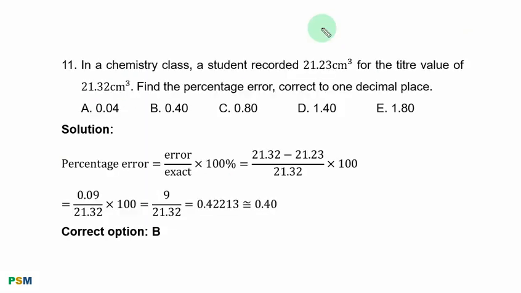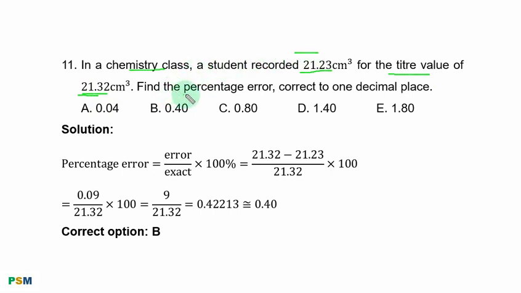Question 11. In a chemistry class, a student recorded 21.23 cube centimeters for the theta value of 21.32 cube centimeters. You have the actual value, then the wrong value.